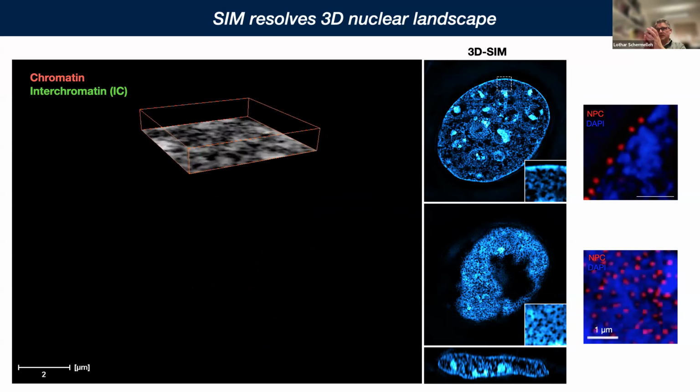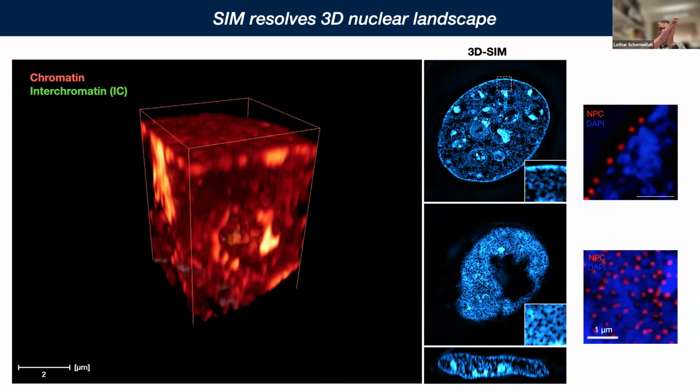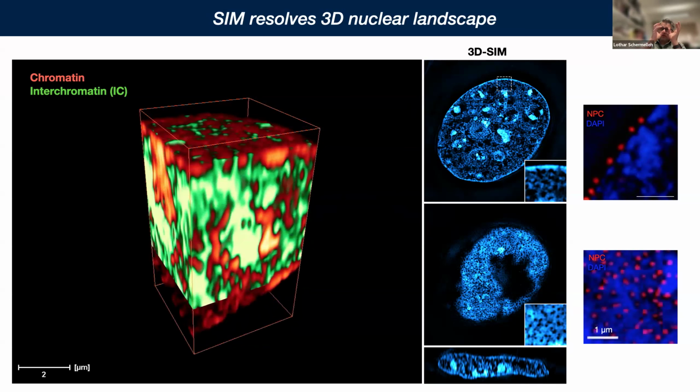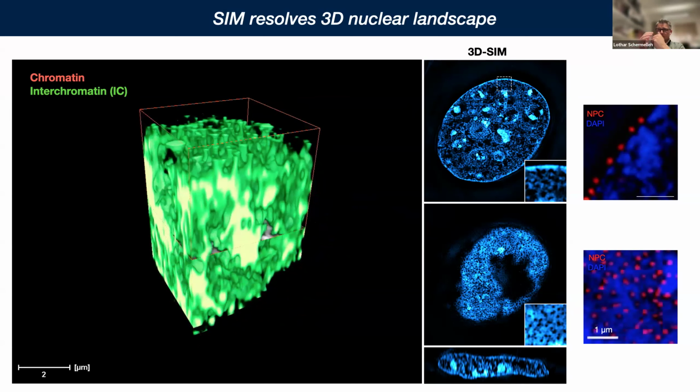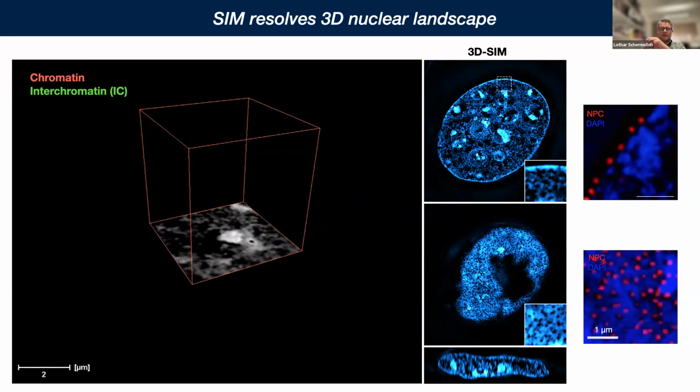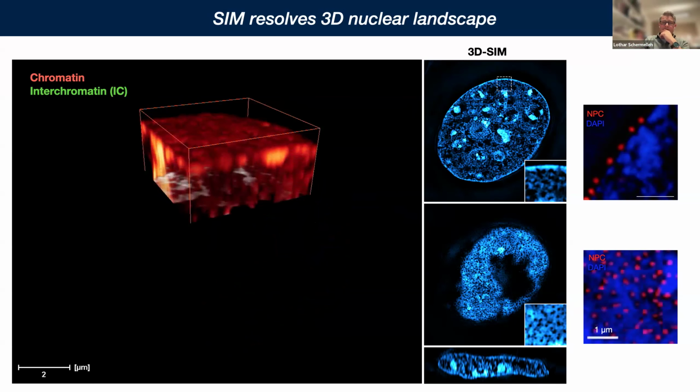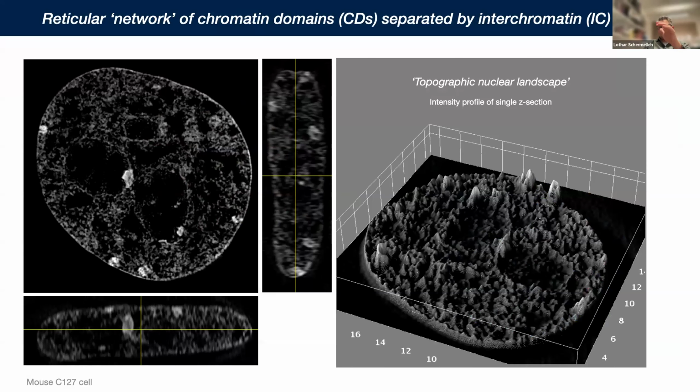This allowed us to separate chromatin domain from interchromatin space, and define these two distinct compartments. In this sense, we can look at chromatin in a topographic way, almost like a landscape of mountains and valleys and lakes, if you like.